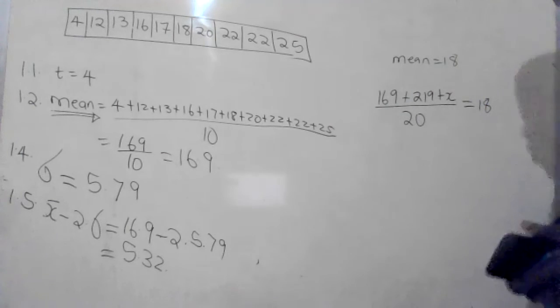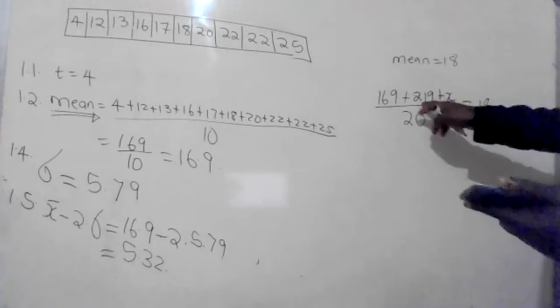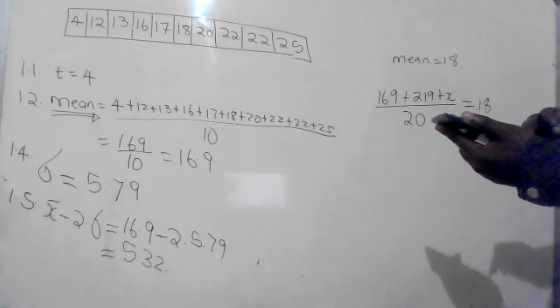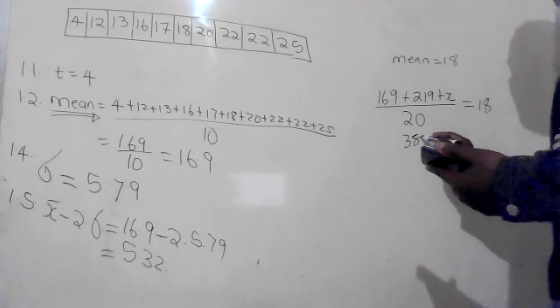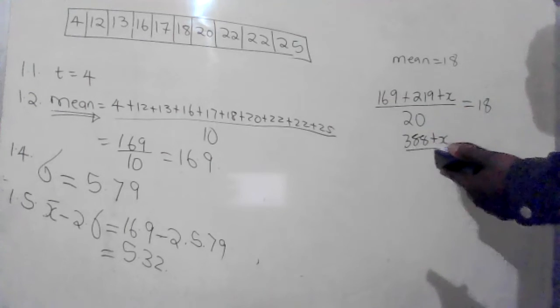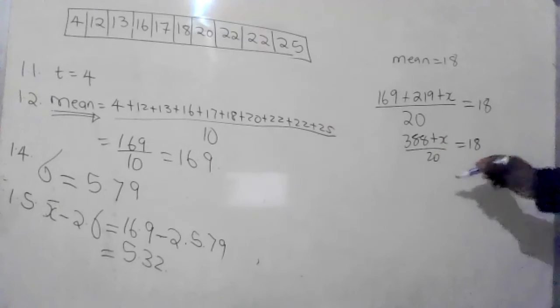So now what is left is just to make X the subject of the formula. So let's add 169 plus 219, which will be 388, plus X, divided by 20, which is equal to 18. And then we cross multiply.